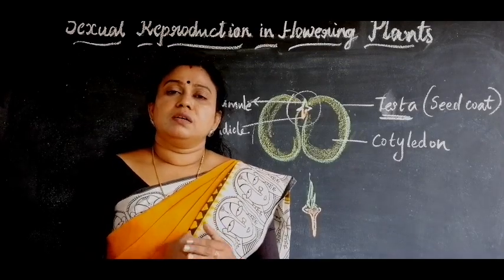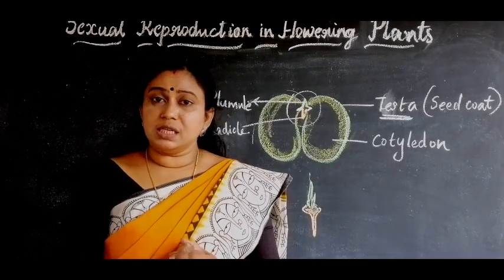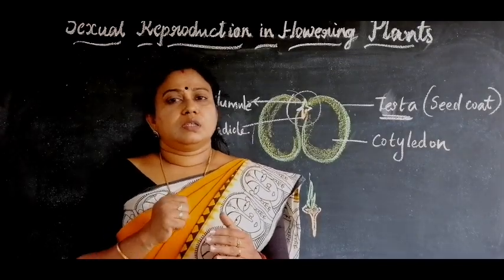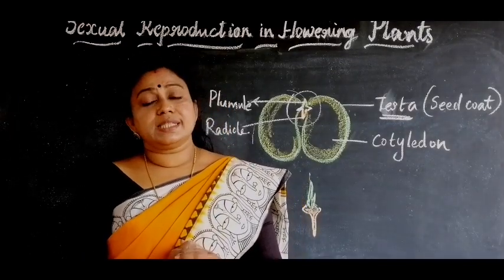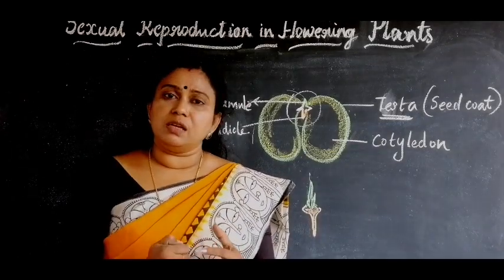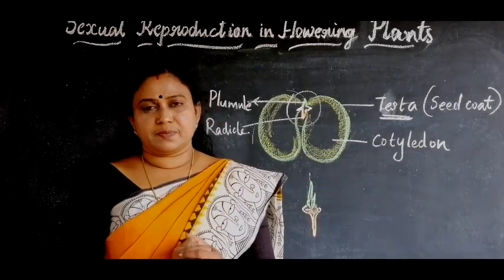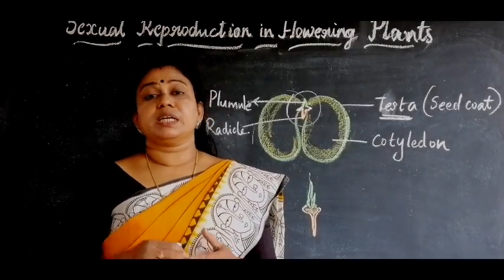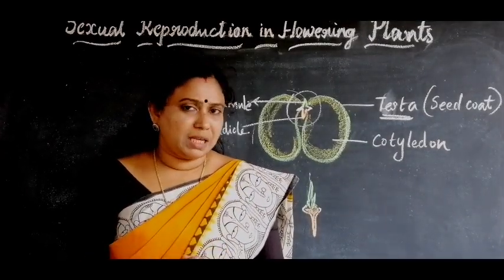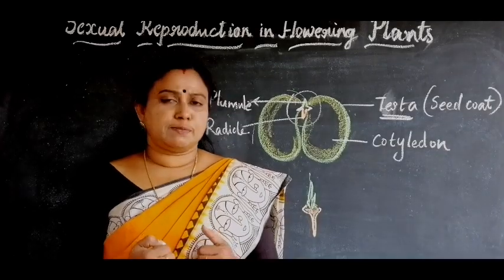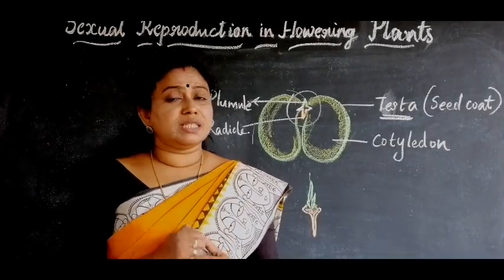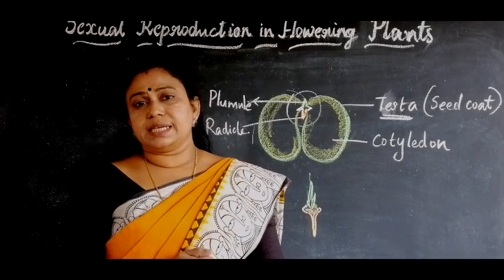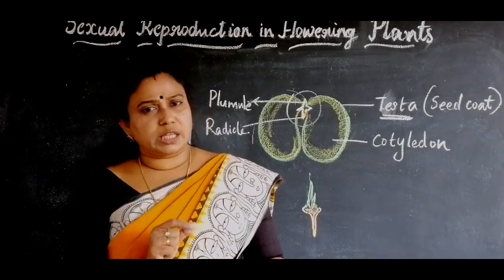The female reproductive structures are the carpel or pistil, in which the ovule, containing the egg cell or female gamete, is present. As a result of pollination, the male gametes reach the female gametes and fertilization takes place. The important thing is that fertilization in flowering plants is called double fertilization, because two fertilizations take place.